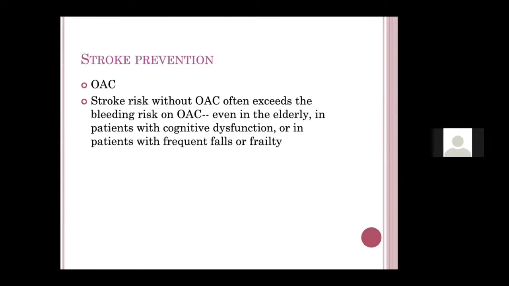Why this came is that if you have a patient with AF and your CHADS-VASc score is 2 or more and you don't give anticoagulation, the chance of having a stroke is more than the chance of having a bleeding if you start. So stroke risk exceeds the bleeding risk. And that is why even in the elderly patient who has frailty, cognitive dysfunction, you should not stop yourself from giving anticoagulation if AF is there, because they are at very high risk.